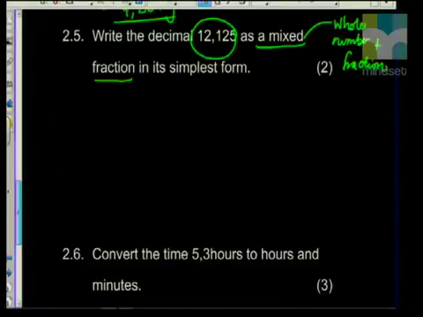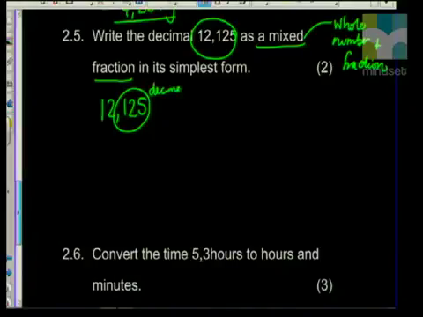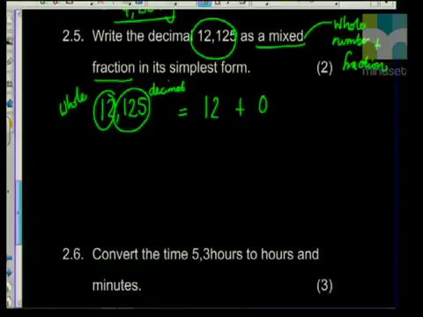So if I had to take 12.125, this is my decimal part, and this is my whole number. So this would be 12, and then 0.125. Now I need to convert this to a fraction.